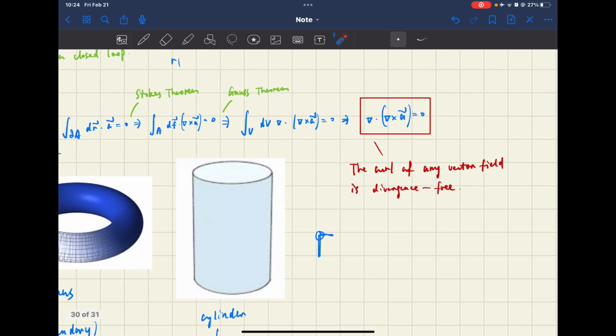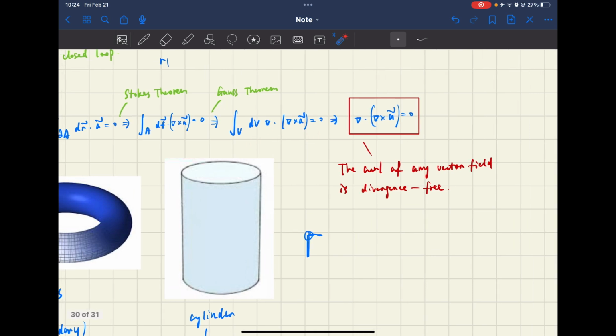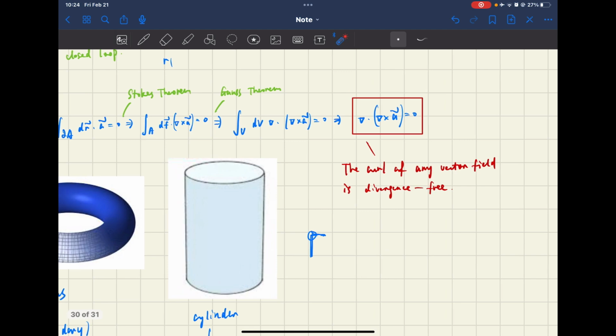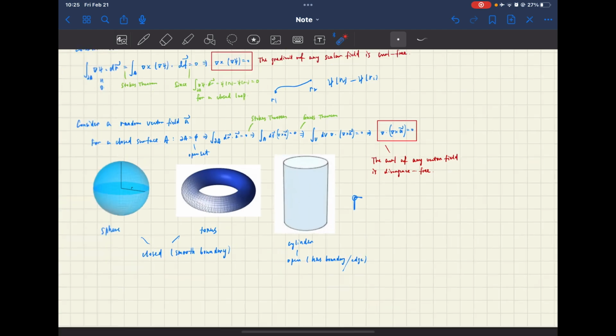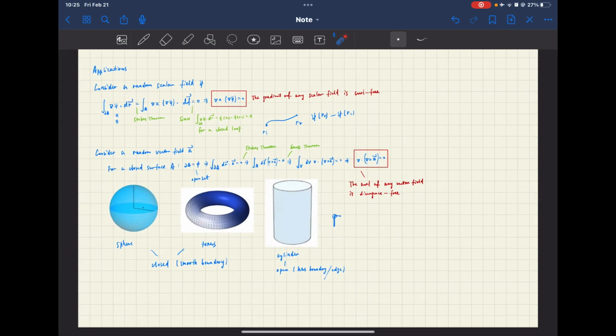Since the expression is 0, the integrand is 0, so the curl of any vector field is divergence free, meaning its divergence is 0 everywhere. These are two important properties of scalar fields and vector fields respectively, and that's how the two properties I just introduced can be applied in electromagnetics, and that's how useful it is.